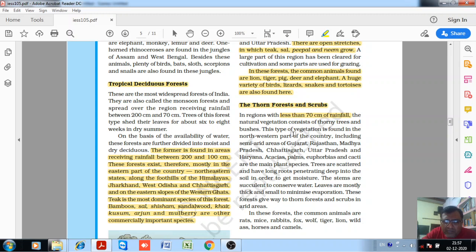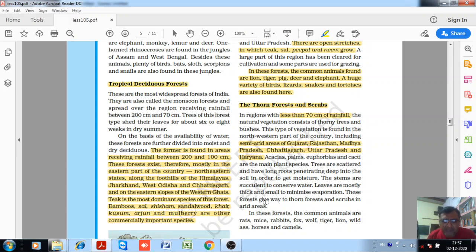The natural vegetation consists of thorny trees and bushes, and these forests are generally found in semi-arid areas of Gujarat, Rajasthan, Madhya Pradesh, Chhattisgarh, Uttar Pradesh, and Haryana. These are the regions where you can find these thorn forests. Have you visited Jaisalmer or any parts of desert region of Rajasthan or Gujarat?